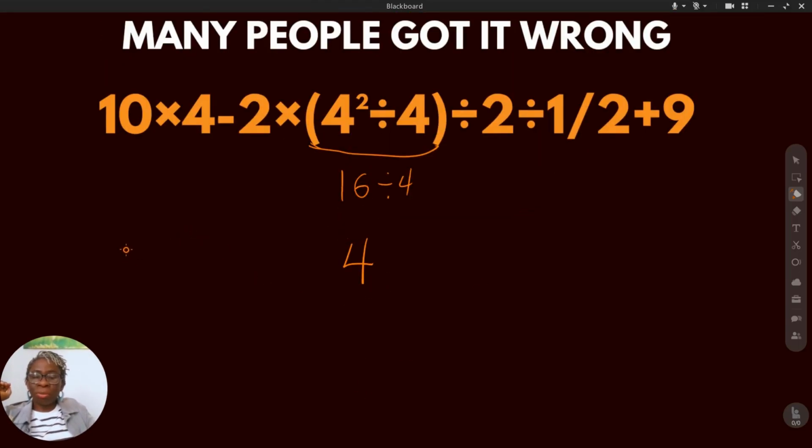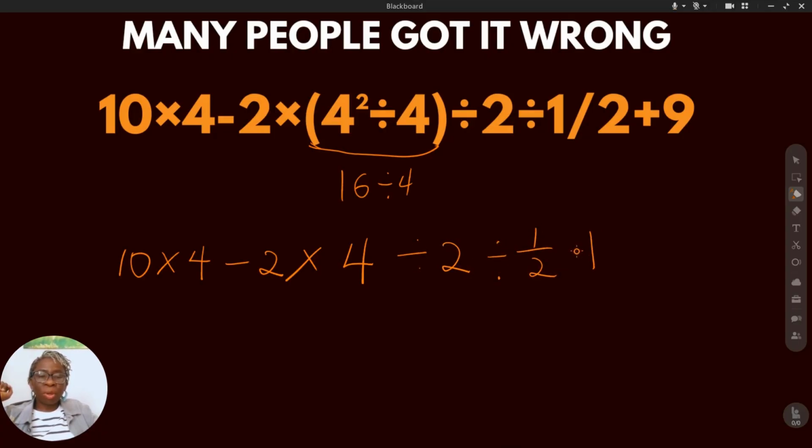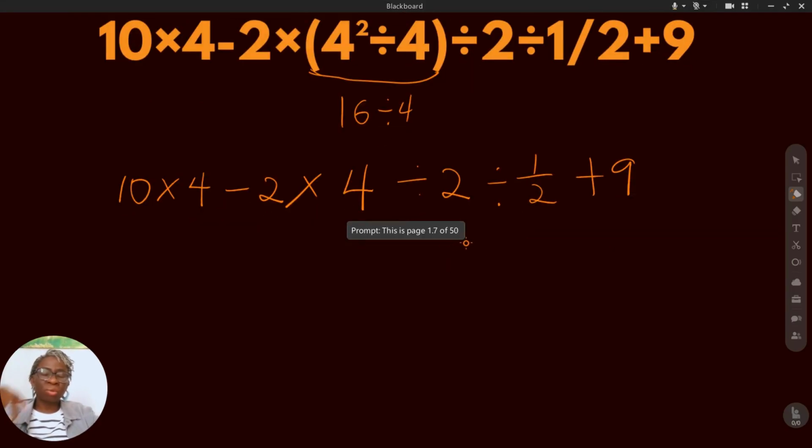The expression becomes 10 times 4, then minus 2, then times 4, then divided by 2, divided by half, plus 9. Now, after solving parentheses, we've solved exponents.